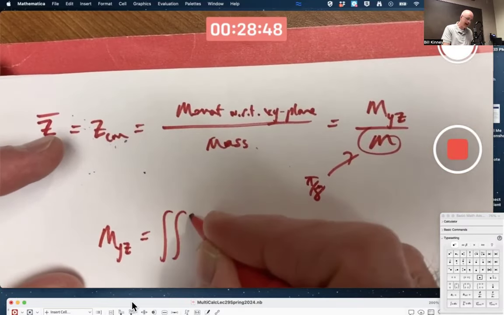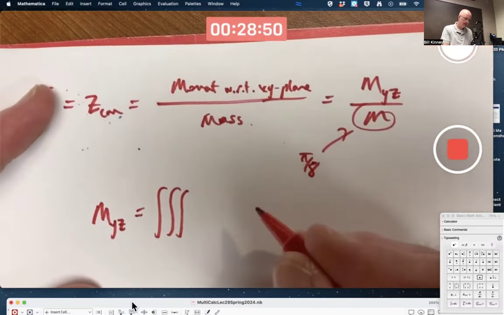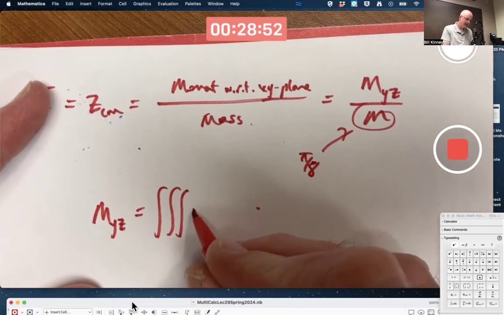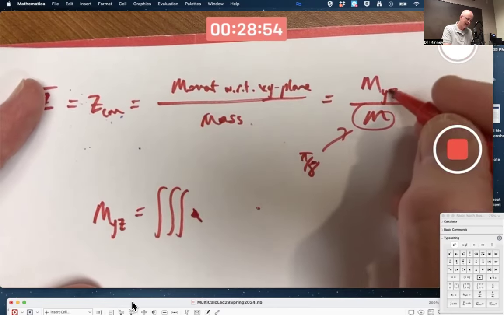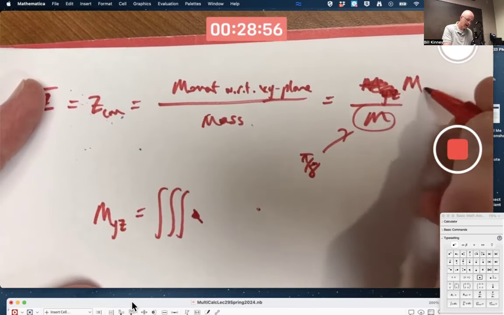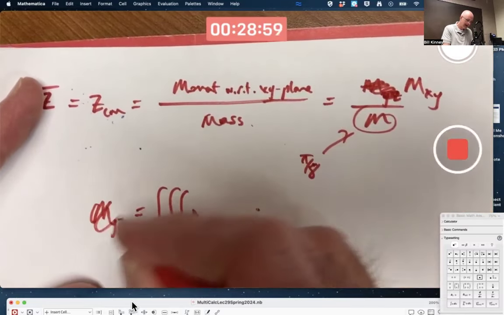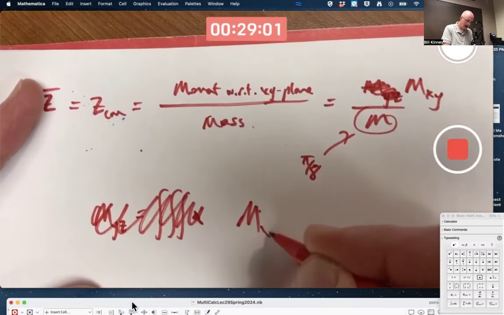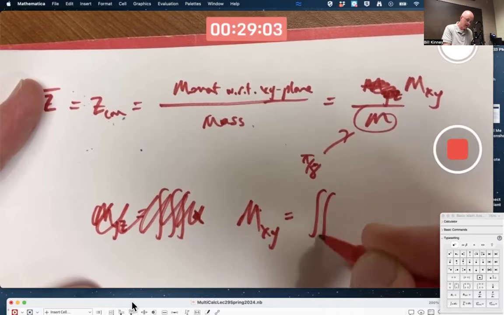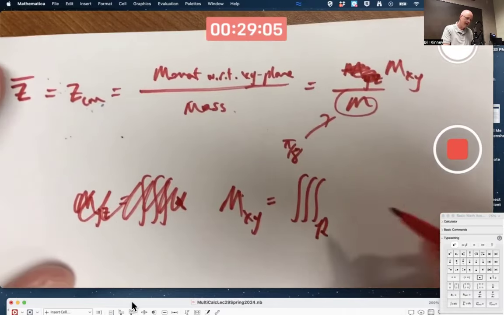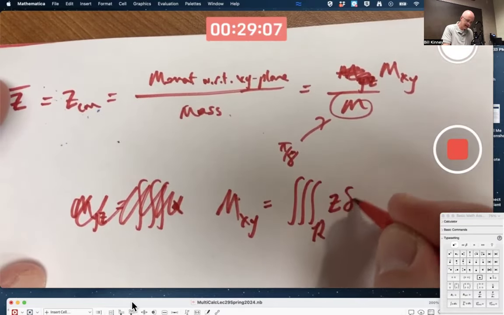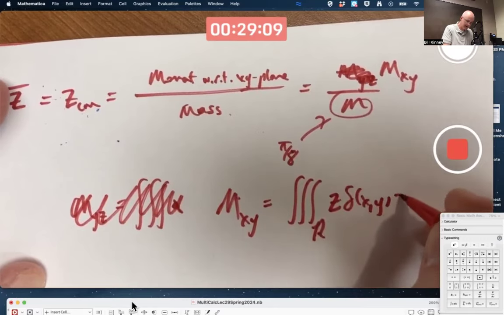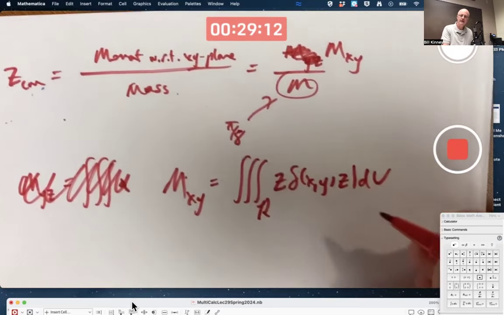For this three-dimensional solid, it's still a triple integral of, excuse me, not m sub yz, m sub xy. M sub xy is still a triple integral over the region of z times the density, dV.